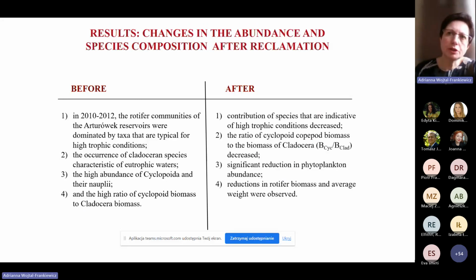After reclamation, we observe the contribution of species that are indicative of high trophic conditions decrease. Also, the ratio of cyclopoid copepod biomass to the biomass of Cladocera decreased. We observed a significant reduction in phytoplankton abundance, and a reduction in rotifer biomass and average weight was also observed.